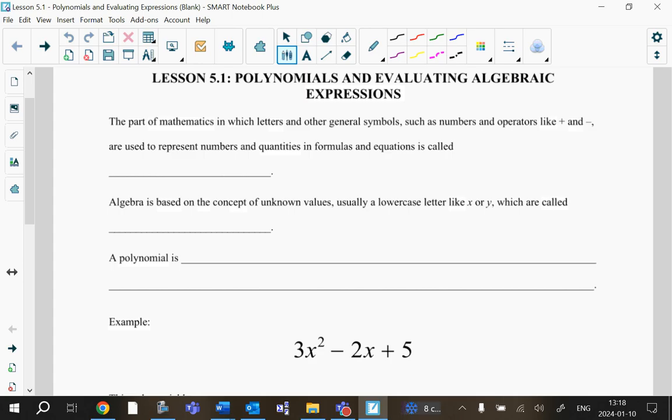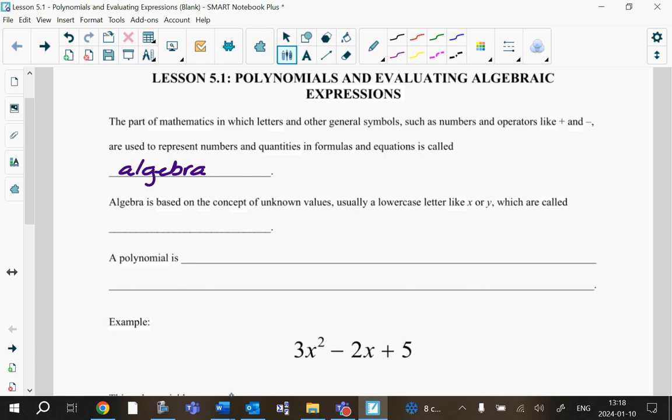We use exponents as well as numbers. Okay? And that's really what algebra is all about. It's how to calculate formulas and how to find missing values. That's really what it comes down to.